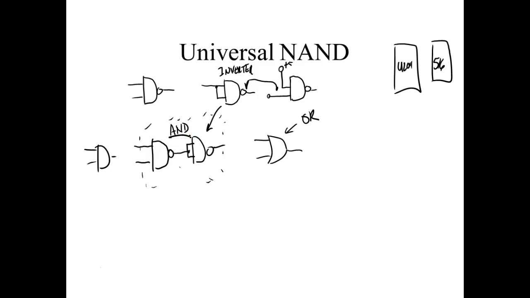You're right, that's a NAND gate, but what I'm trying to do is get an AND function. Not for an OR. I'm trying to get this logic function out of nothing but NAND gates.